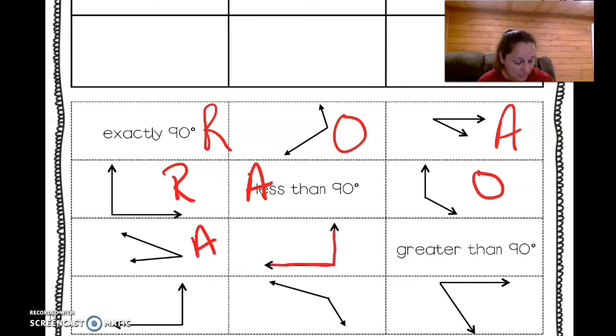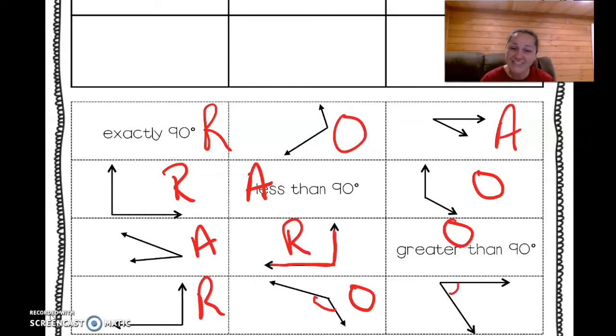He looks like a beautiful corner of a paper or a Post-it. And he is a right angle, greater than 90, obtuse. I've got a beautiful little 90 here, so he's right. This guy, you can see here, he is pretty big. He is obtuse. And then this one, oh, he's so acute. He's just little. He's acute.